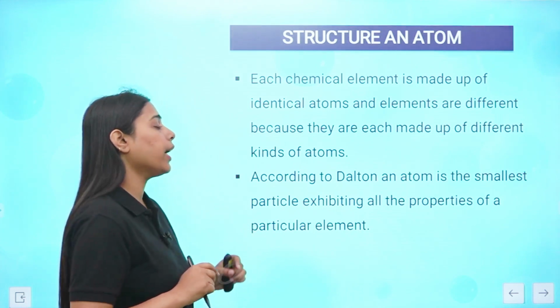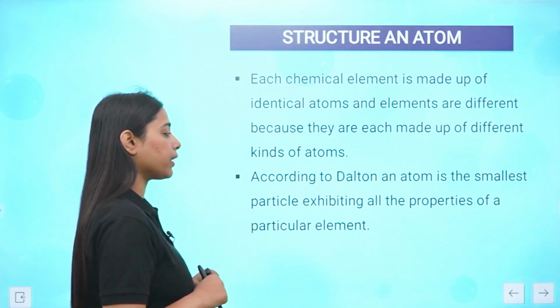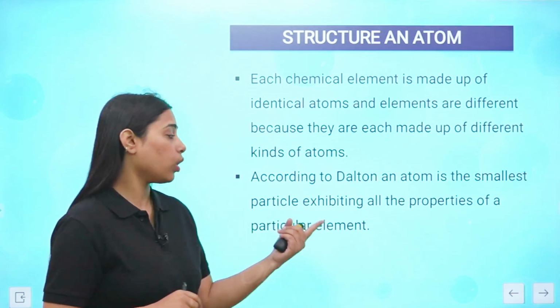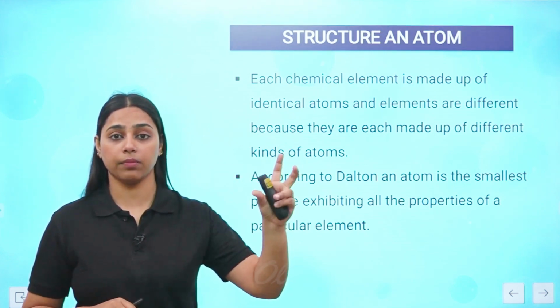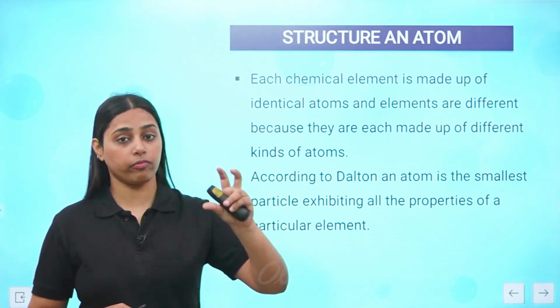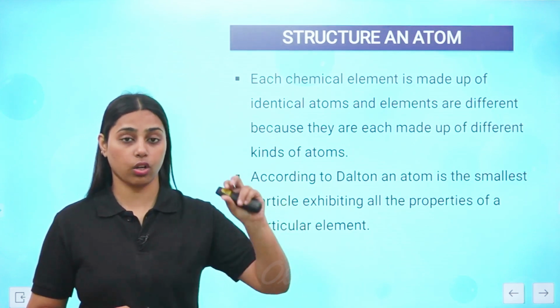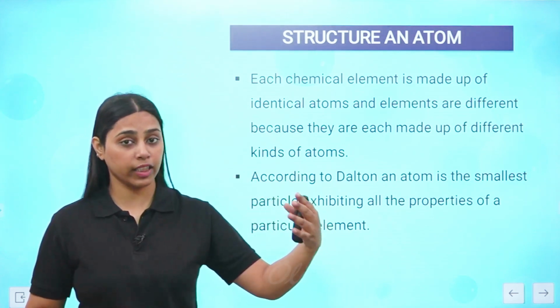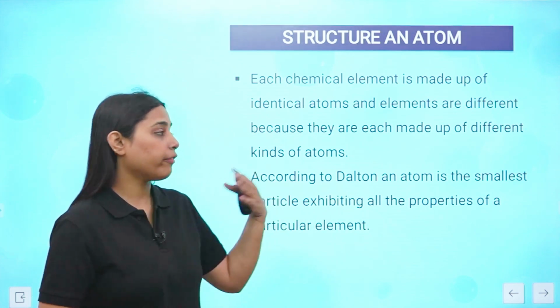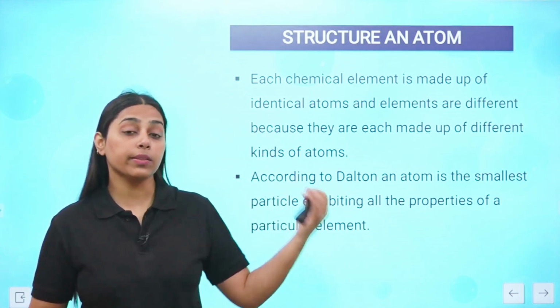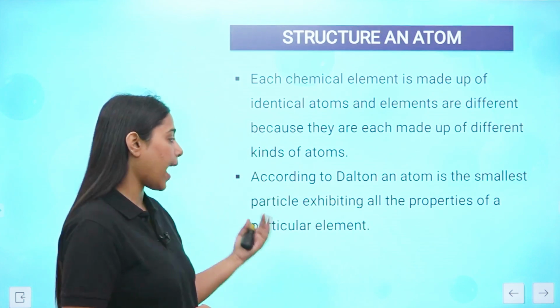According to Dalton, an atom is the smallest particle that can exhibit all the properties of a particular element. So whenever we say oxygen atom, that atom is capable of performing all the chemical reactions pertaining to that particular oxygen element. Similarly, there will be a molecule also, but the smallest entity is the atom.